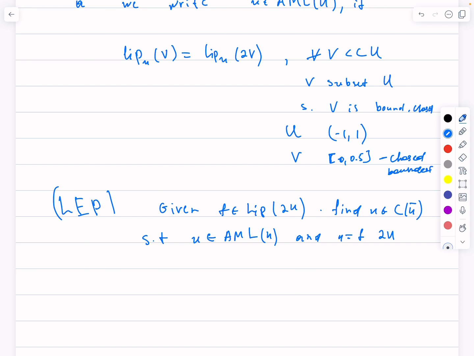Absolute minimizing is not only for U itself, but all subdomains of U should satisfy this formula.